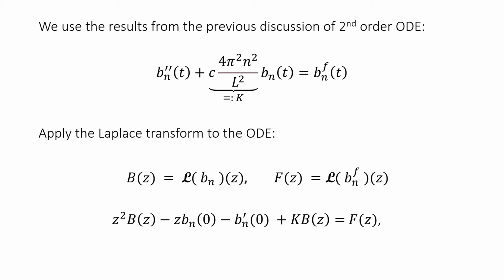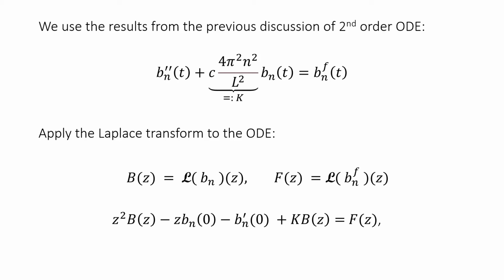And again, we introduce some notation. Let us write capital B(z) for the Laplace transform of bn at z, and let us write F(z) for the Laplace transform of bfn at z.